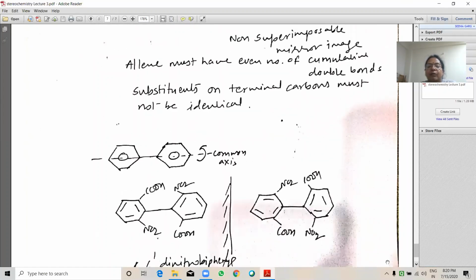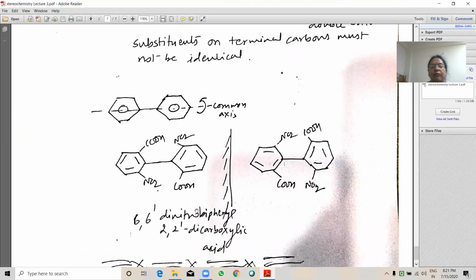Similarly, biphenyl molecules. This molecule also does not have any chiral carbon. The dissymmetry is due to the molecule's rotation about its common axis, so it will have different optical isomers. For example, 6,6'-dinitrobiphenyl-2,2'-dicarboxylic acid.